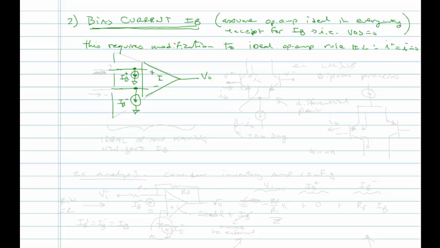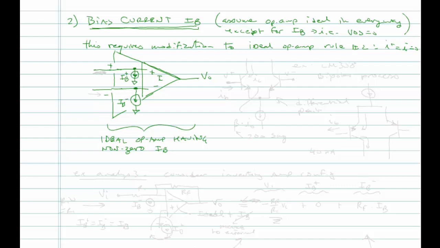We can wrap this inside our non-ideal op-amp, so the whole is an ideal op-amp having non-zero bias current.